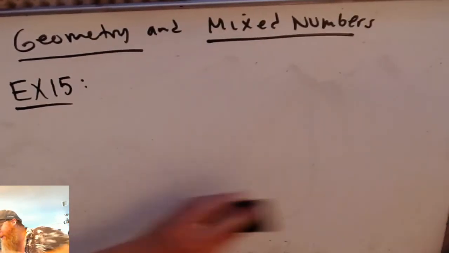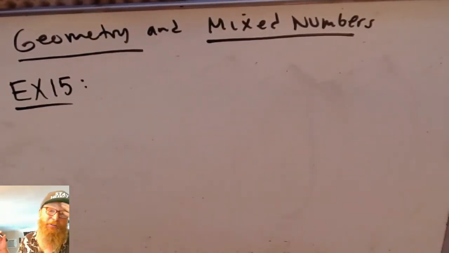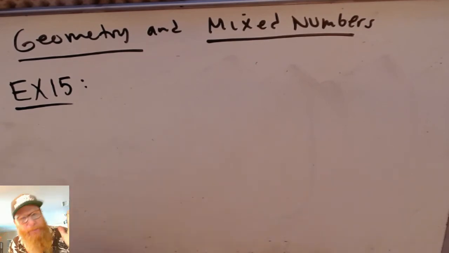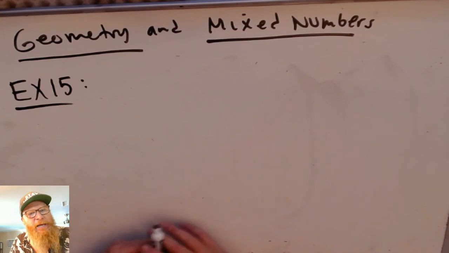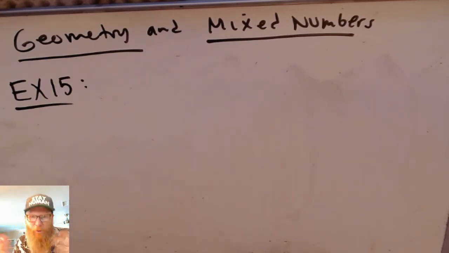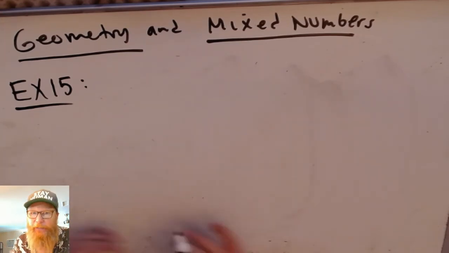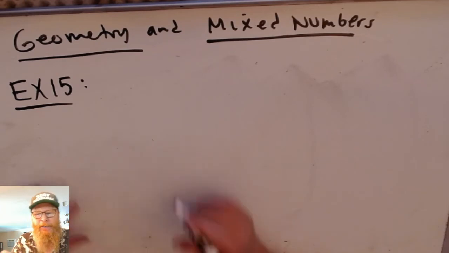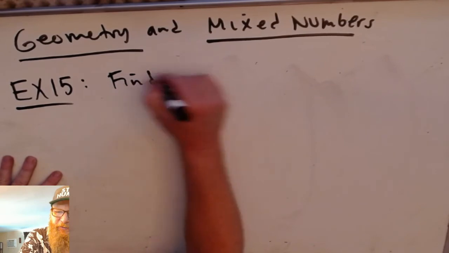Basic rule of thumb is if a problem starts with fractions, it'll probably end with fractions. It's not 100% true, but it's pretty good odds. If a problem starts with mixed numbers, it'll more than likely, 9 times out of 10, end up being a mixed number.